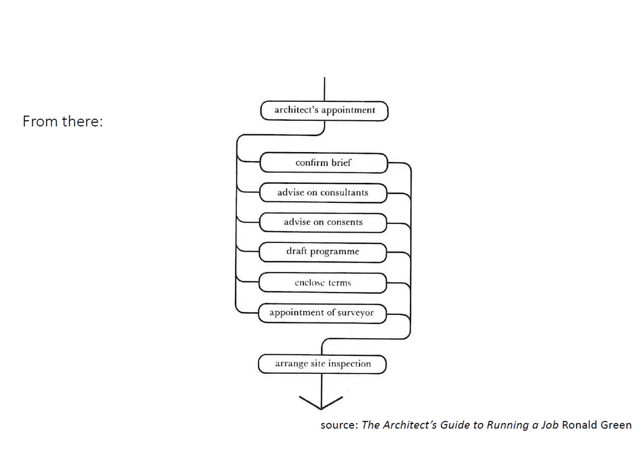And you will advise on appointing a surveyor. A surveyor will have specialist surveyors who can carry out complex site surveys. On smaller projects, the architect is usually the surveyor of the site or the existing building. From that point, then you will arrange a site inspection. So this point here is what we are going to consider in this talk today.